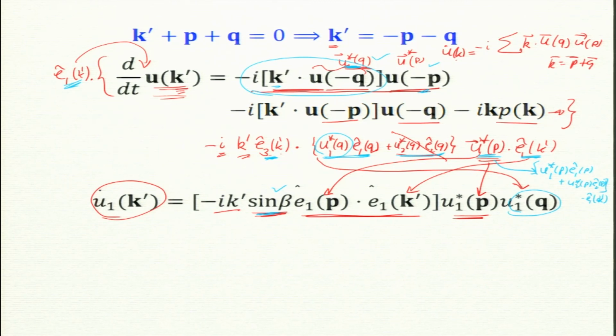So, E1 k prime dot product with E2 p is 0. So, this is gone. So, you are left with E1 k prime dot E1 p. So, this is what I got here, and U1 p has come here. Okay. So, you are just reproducing this, doing it carefully, and there are a few dot products, but that you take from the table.